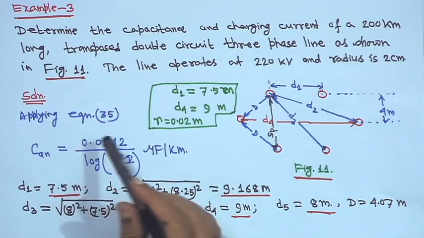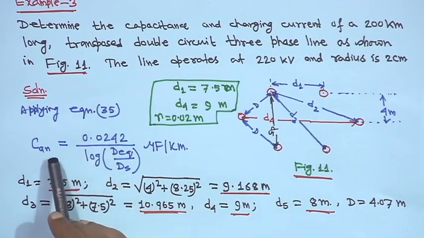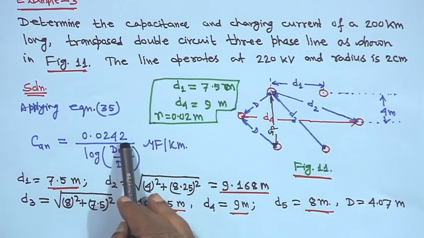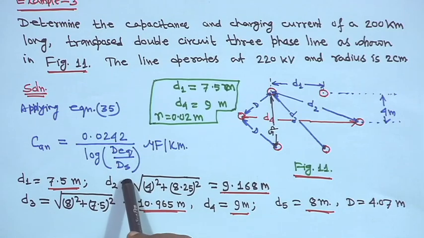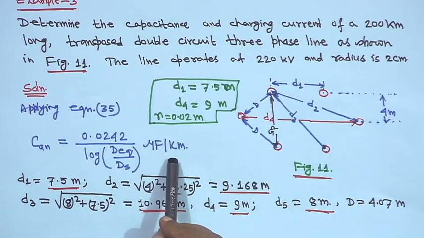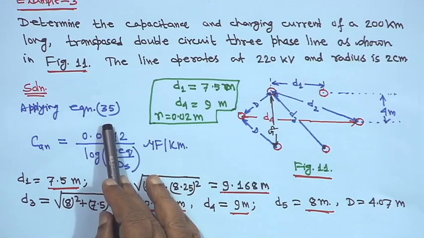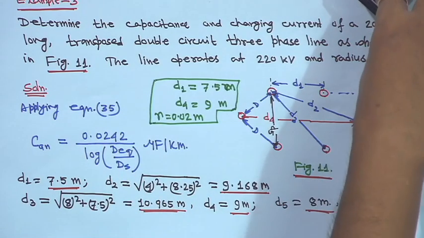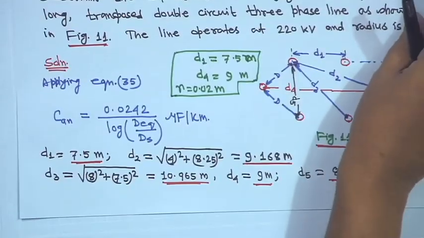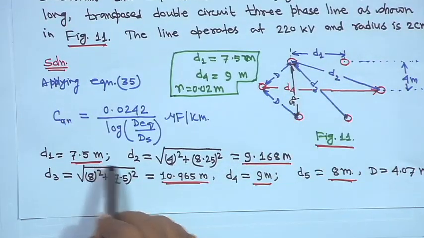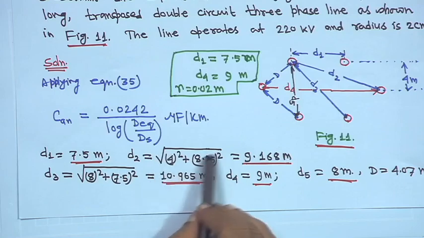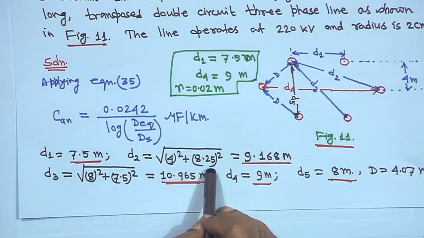If you apply equation 35, that is CAN is equal to 0.0242 divided by log Dq upon Ds, microfarad per kilometer. This is from equation 35. So, D1 is given, that is 7.5 meter, then D2 is equal to root over 4 square plus 8.25 square.